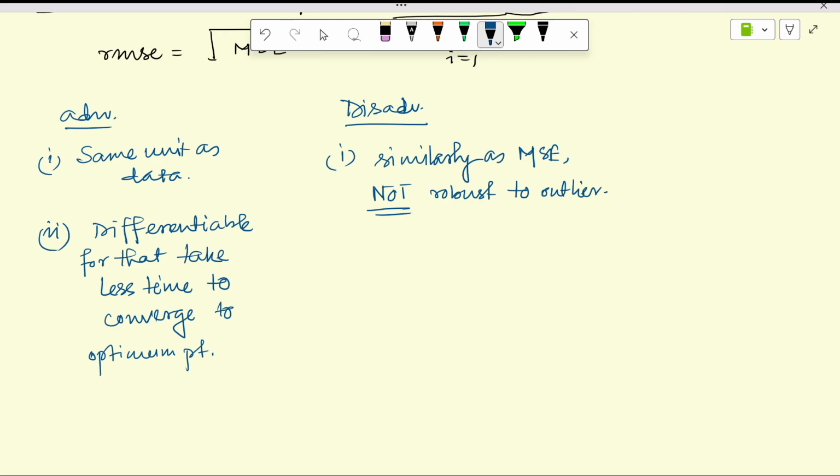So that is the one problem with RMSE. This is not robust to outliers. Now, to avoid this, we use MAE. So let's go to the MAE.